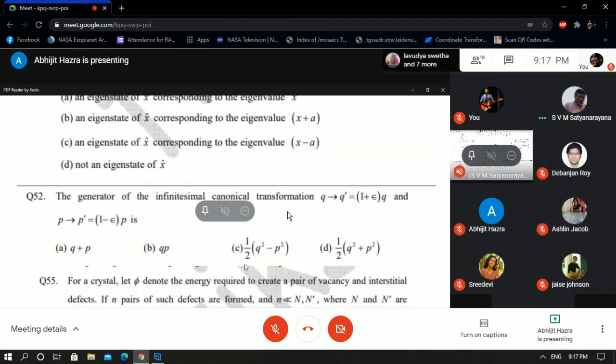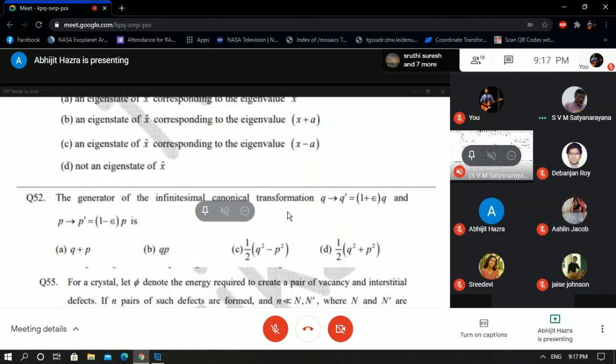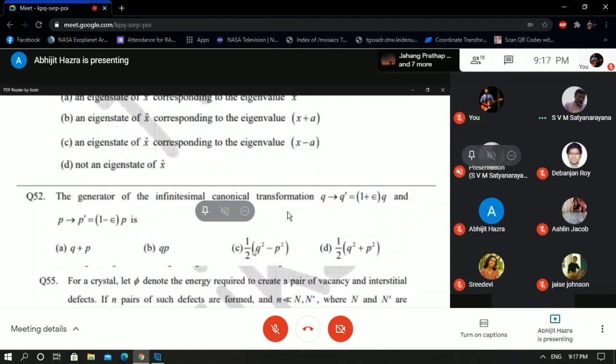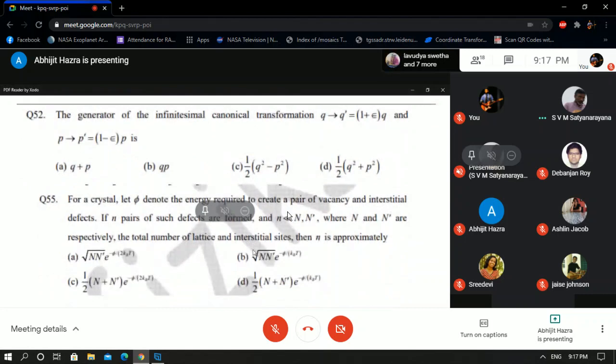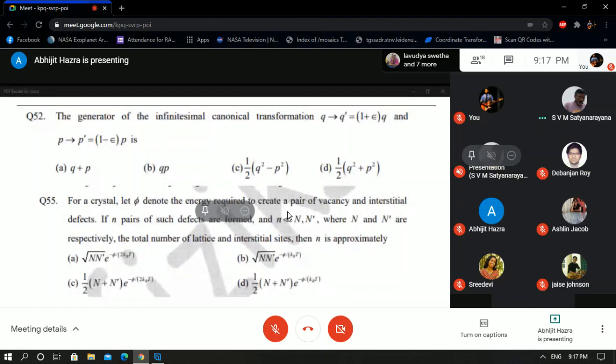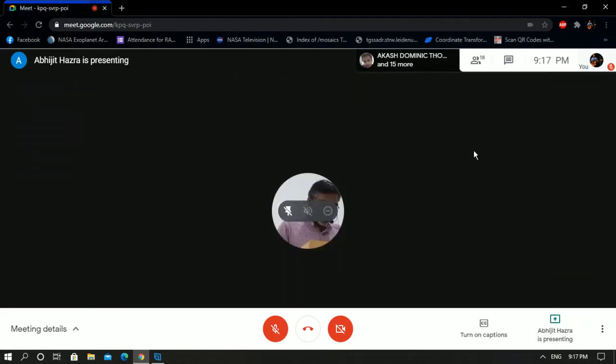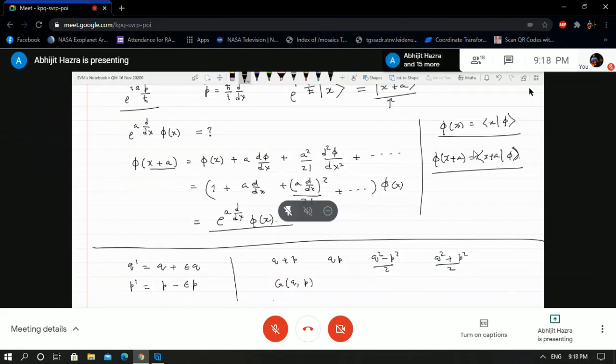Basically your generator will be a function of p, that Q prime is written as e to the power epsilon times g of q comma p operating on q.